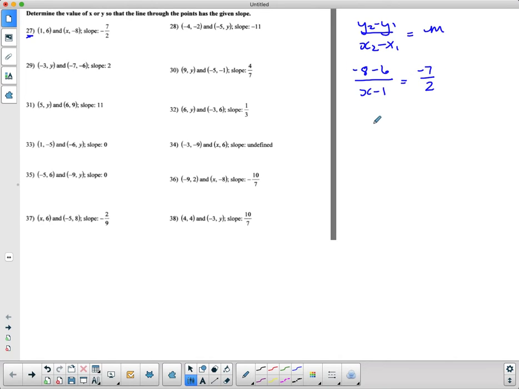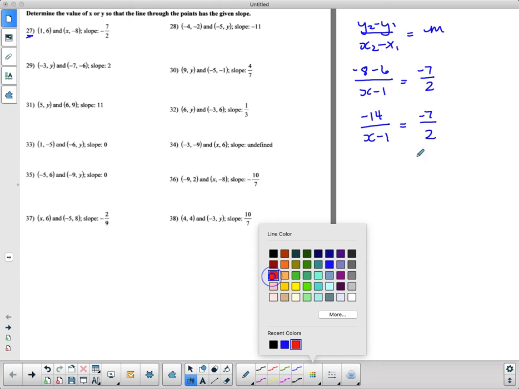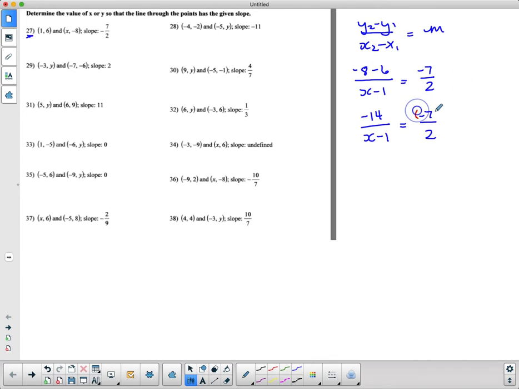Now the top is negative 14, so already we've got something that looks a little odd because the other side says negative 7 is on top, which means that this has been reduced to lowest terms after plugging in these formulas. So since it's been reduced to lowest terms, we need to times this by 2 so that we get the same thing on top. And remember that whatever you do to the top, you have to do the same thing to the bottom. So the bottom also has to be multiplied by 2.